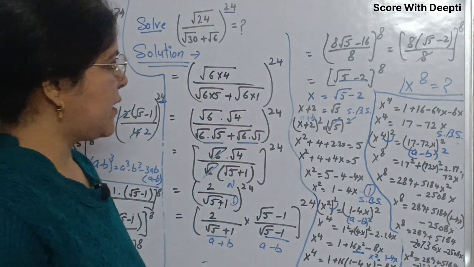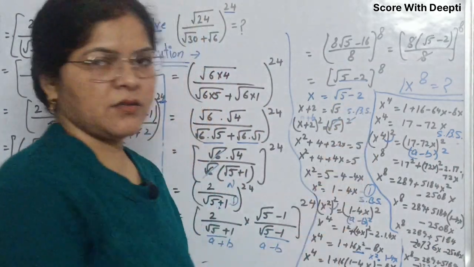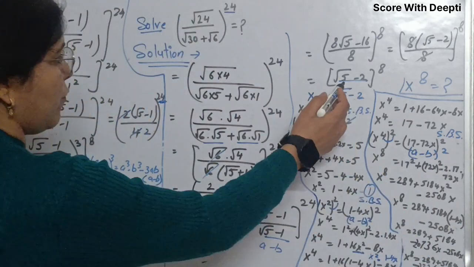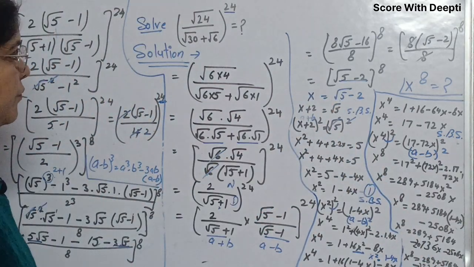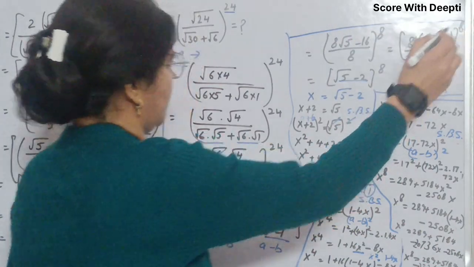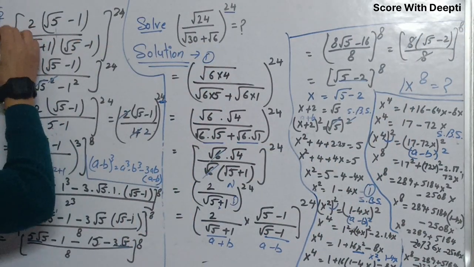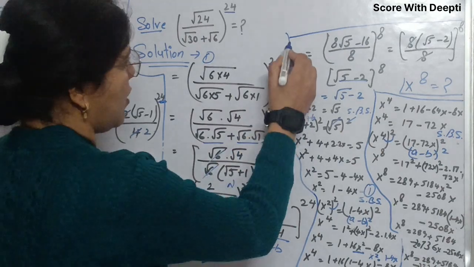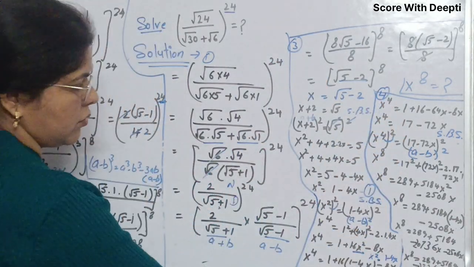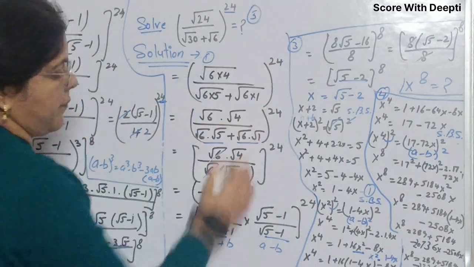Our next step is we have to put in place of x the value square root 5 minus 2. Now in place of this we have to put the value of square root 5 minus 2. Now we solve this question here. This is first step, this is our second, this is third, this is fourth, and now after this we write here fifth step.